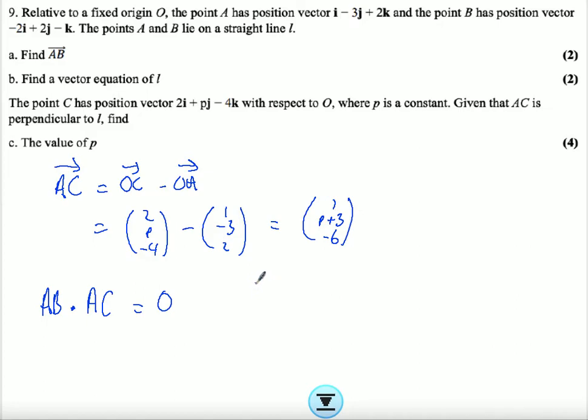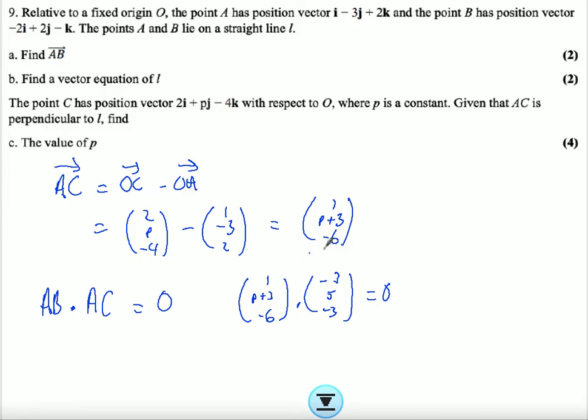That's the rule for 3D vectors. So therefore we can say 1, p plus 3, negative 6 multiplied by AB, which was negative 3, 5, negative 3, must be equal to 0.